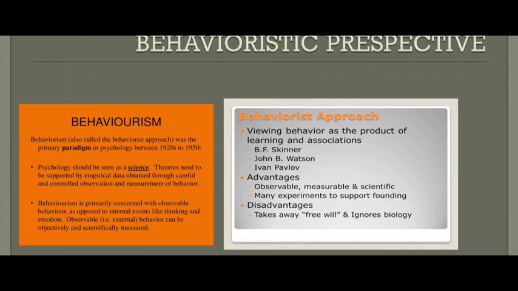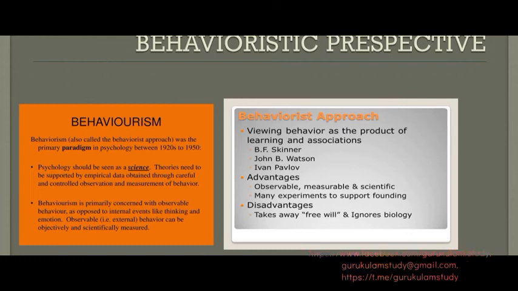Then comes behavioristic perspective. First of all, what is behaviorism? Behaviorism, you can say, came between 1920 to 1950s. Its psychology should be seen as science, behaviorism says. Theories need to be supported by empirical data obtained through careful and controlled observation and measurement of behavior. Behaviorism is primarily concerned with observable behavior as opposed to internal events like thinking and emotions.